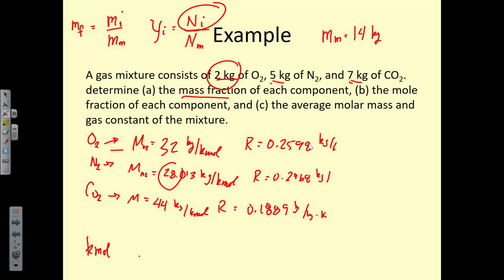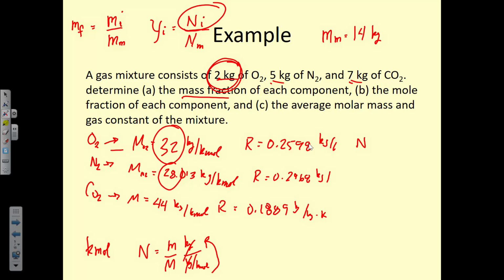Yeah, so n is equal to mass divided by molar mass, right? So we have kilograms over kilograms per kilomole. Kilograms cancel out, and then we're left with kilomoles. So we can find the n values for each of these using the mass, 2 kilograms divided by the molar mass.